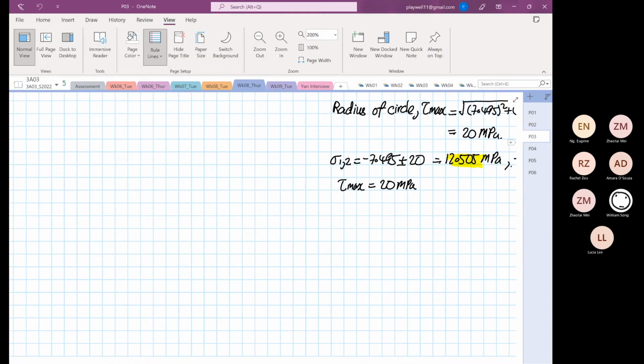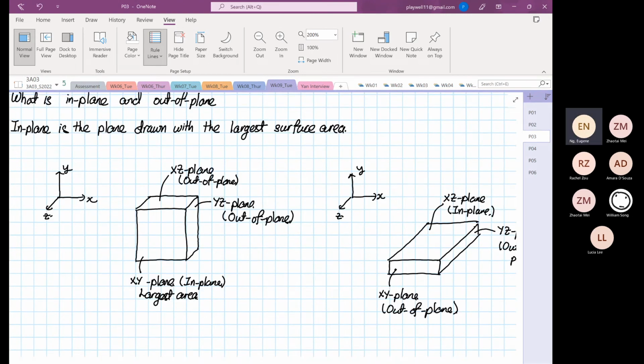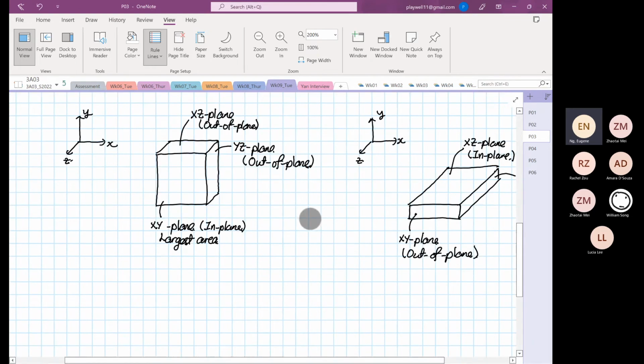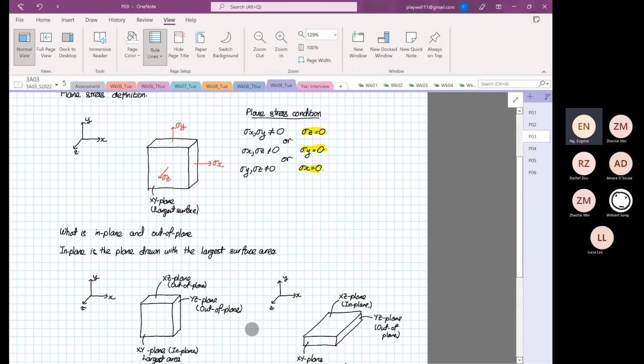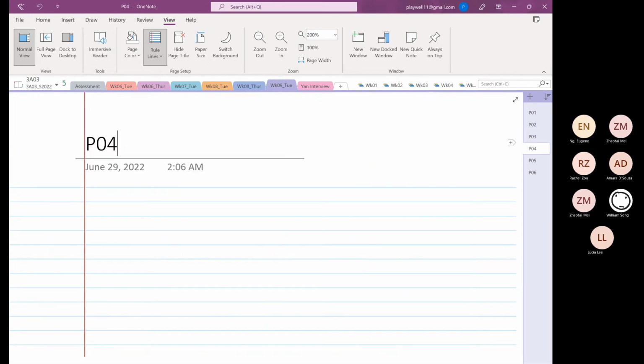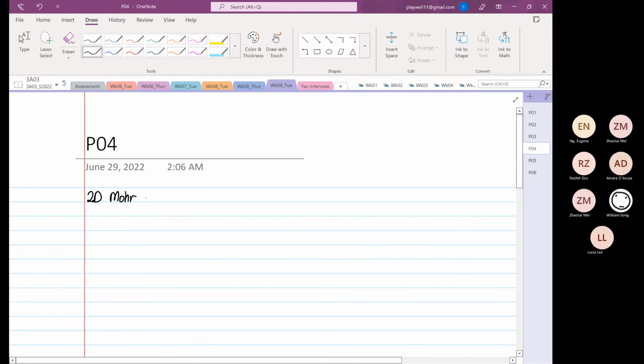So we know what plane stress analysis is and what in plane and out of plane mean. Next we are going to go directly into the 2D Mohr circle. The 2D Mohr circle is the fundamentals of the Mohr circle.